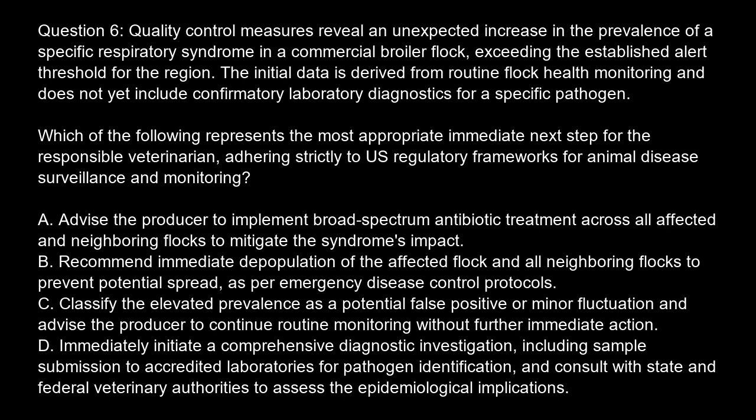Option C. Classify the elevated prevalence as a potential false positive or minor fluctuation, and advise the producer to continue routine monitoring without further immediate action. Option D. Immediately initiate a comprehensive diagnostic investigation, including sample submission to accredited laboratories for pathogen identification, and consult with state and federal veterinary authorities to assess the epidemiological implications.